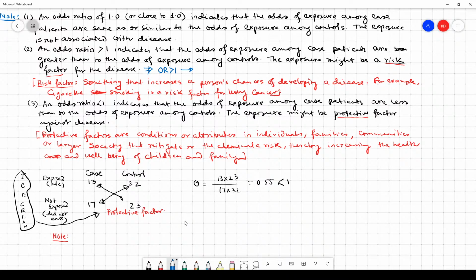One more thing I want to note: the magnitude of the odds ratio is called the strength of the association.